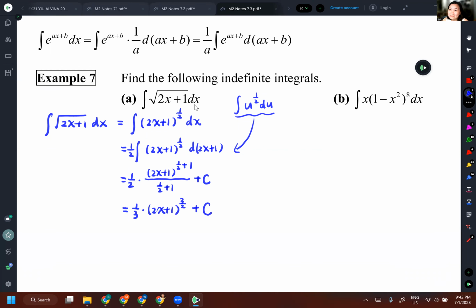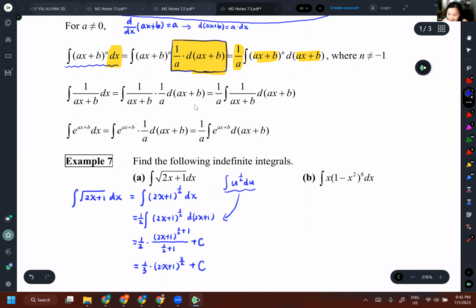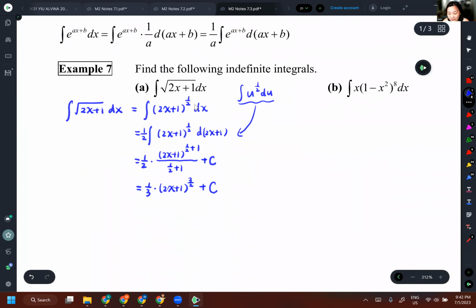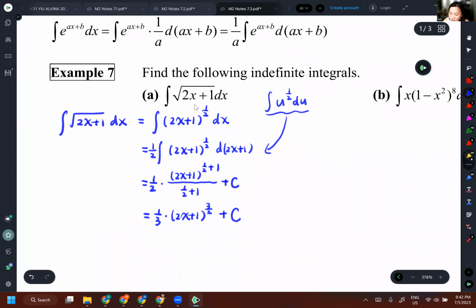Now, although I didn't use any of the theorem, and it's a bunch of symbols you may not really understand, in the end, I got the answer, you see. The technique is to change dx to 1 over 2 d(2x plus 1). Okay?